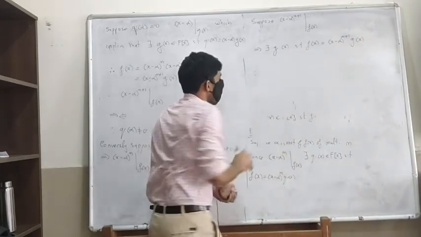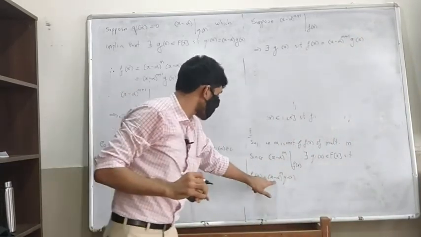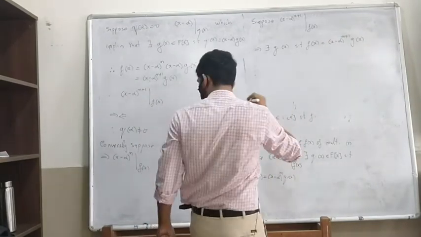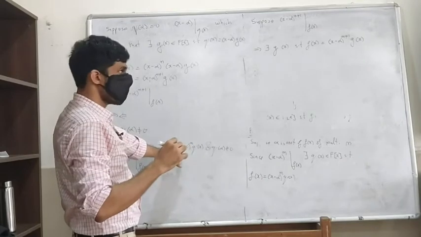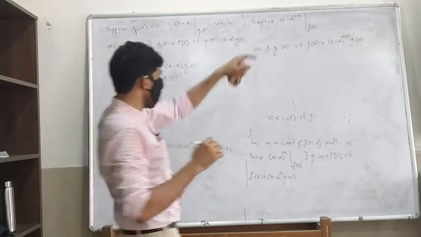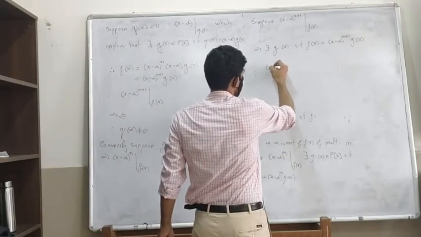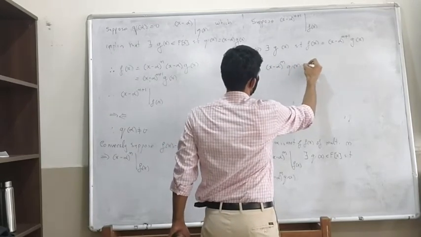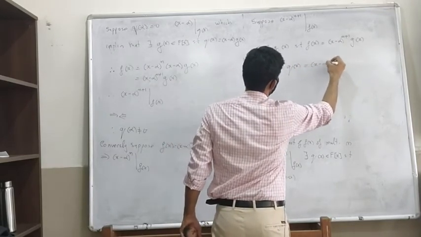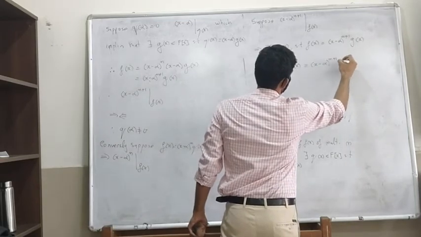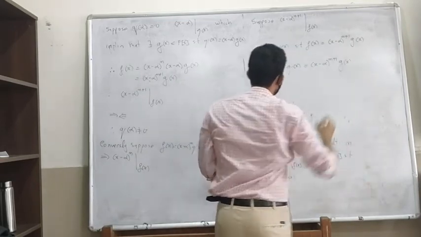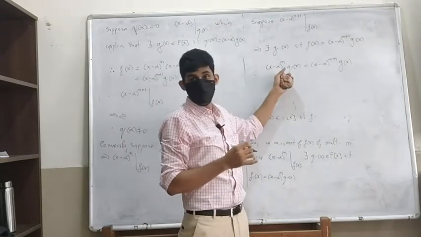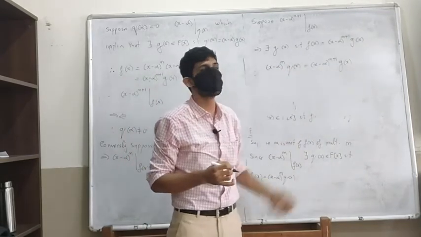Okay. Now we can equate these two, right? F of x is equal to both of them. So we have, q, this we can equate with that. We will get x minus alpha raised to m times q of x equals x minus alpha raised to m plus 1 times g of x. Okay. Now I am going to cancel x minus alpha raised to m with this x minus alpha raised to m.